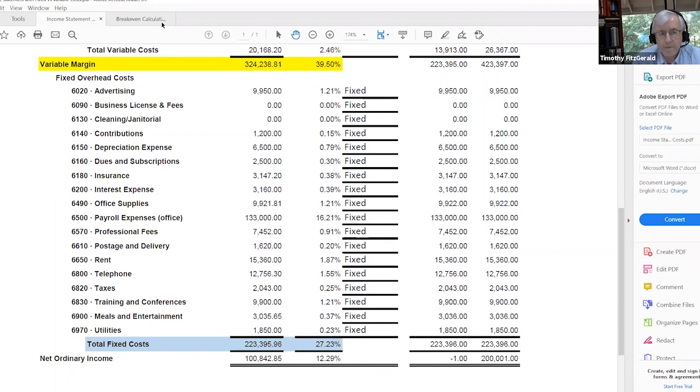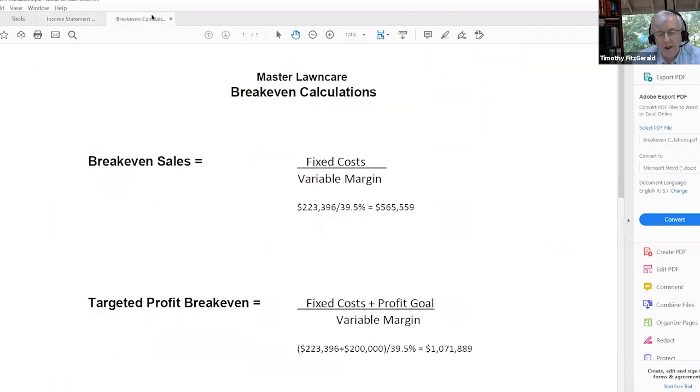Okay. And then over here, this is where we're talking about the targeted profit break-even calculation. This is where you take your fixed cost plus your profit goal. So if I assumed I wanted to make $200,000, I would take our fixed cost of 223 plus the 200 and then divide by 39.5 and come up with $1,071,000.